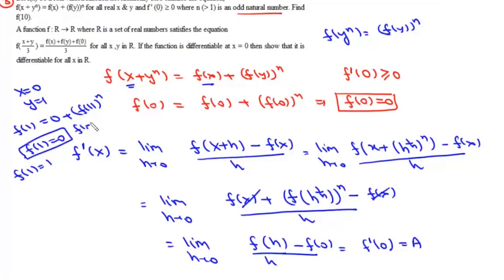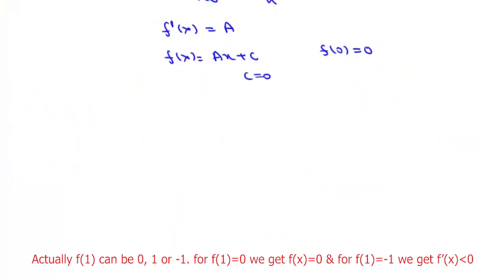Then in that case, f(x) will be 0 throughout, a constant, but it is given that it is not identically 0. That means the value of f(1) is to be taken as 1. So if we put x as 1, f(x) is 1. So the value of a is 1. So in this case, f(x) is simply x. We need to find the value of f(10). Value of f(10) is 10.